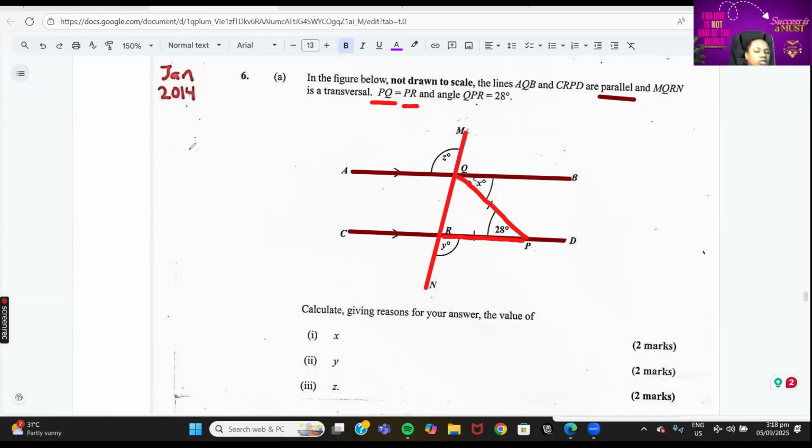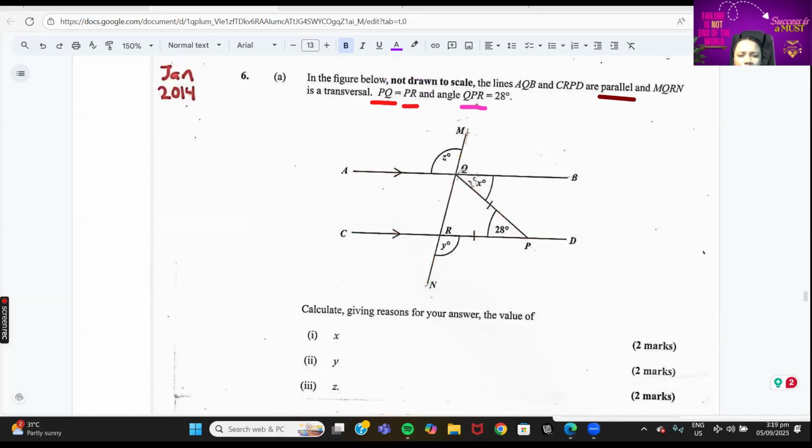It's the isosceles triangle. An isosceles triangle normally has two equal sides and two equal angles. So when they said that PQ is equal to PR, they are telling you indirectly this is an isosceles triangle. And then it goes on to say angle QPR is 28.